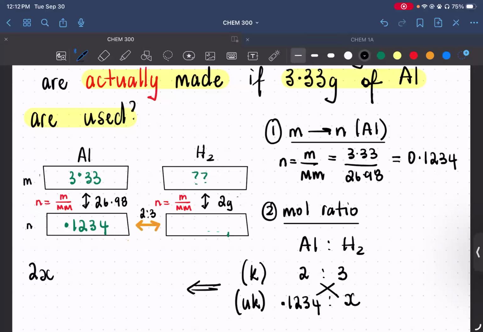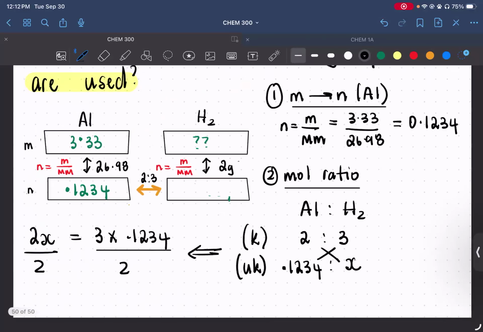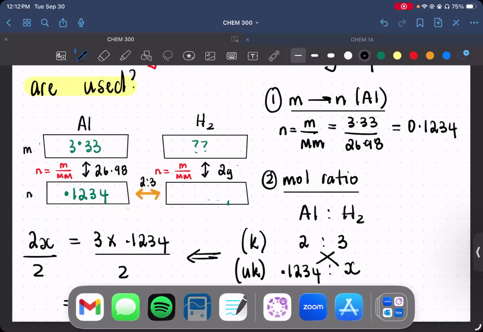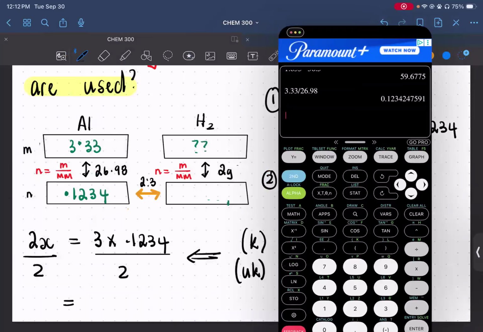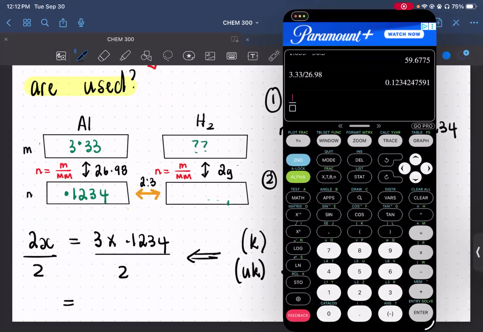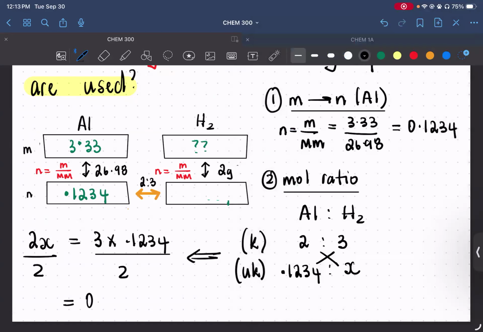This becomes 2x, 2 times x is equal to 3 times 0.1234. To get rid of the 2 on the 2x, we're going to divide both sides by 2. Now let's put this in our calculator. 3 times 0.1234 all over 2. Our number here is 0.81851.